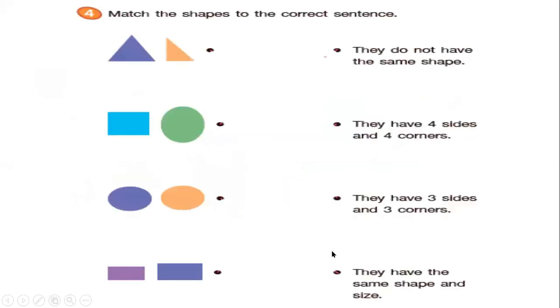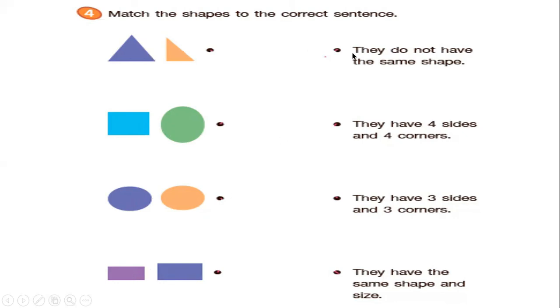Okay, we look at the last part. Match the shapes to the correct sentence. We can see these are triangles, but here this is a quadrilateral and this is a circle. Okay, these are not the same. These two are ellipses and these two are quadrilaterals.